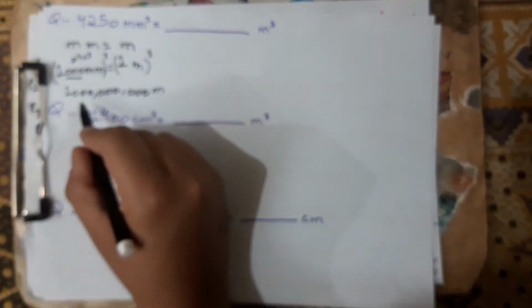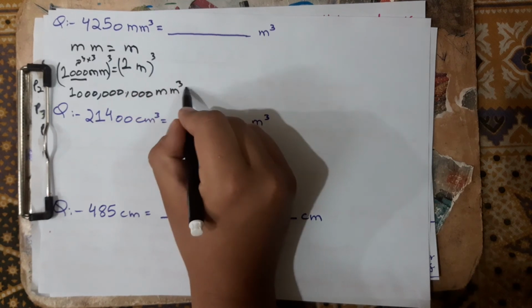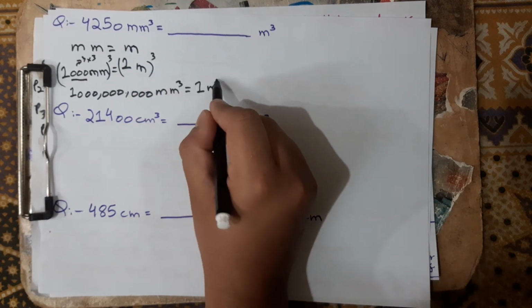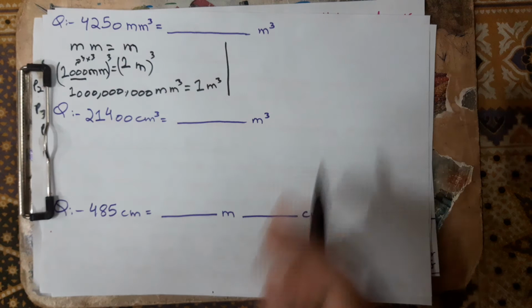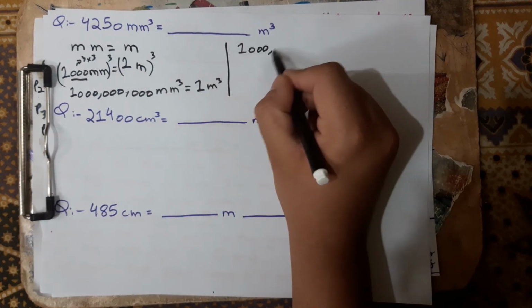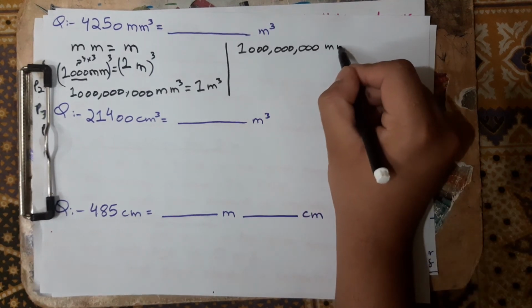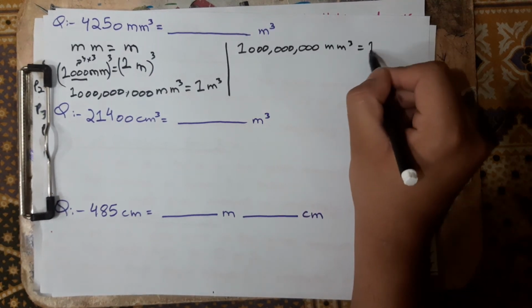So 1000 millimeter cube is equal to 1 meter cube. Now again, if we write it down here, 1000 millimeter cube is equal to 1 meter cube.